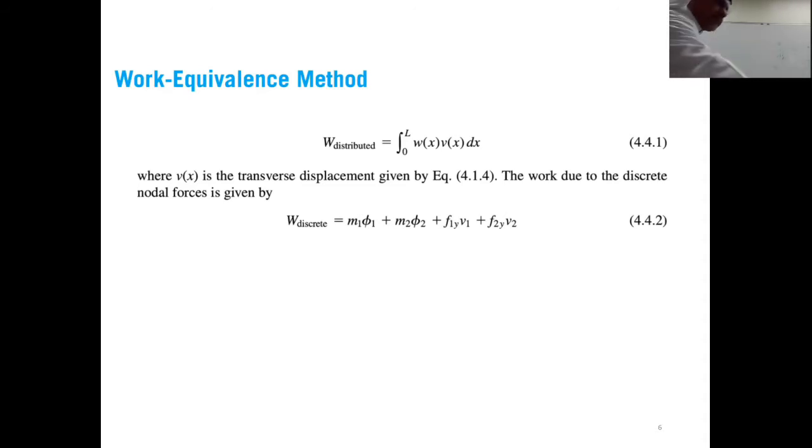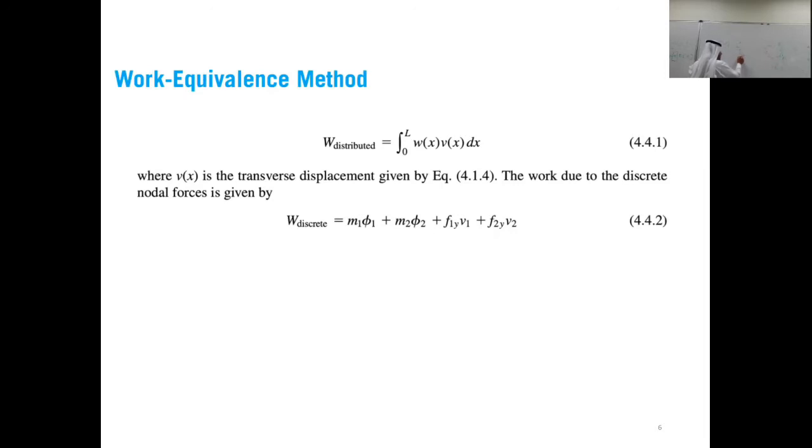The first formula here, 1, 2: one is the distributed load, the other is the concentrated loads. Think of this, this, this, and this. This one we call F1Y, this one M1, this one M2, and this one F2Y.